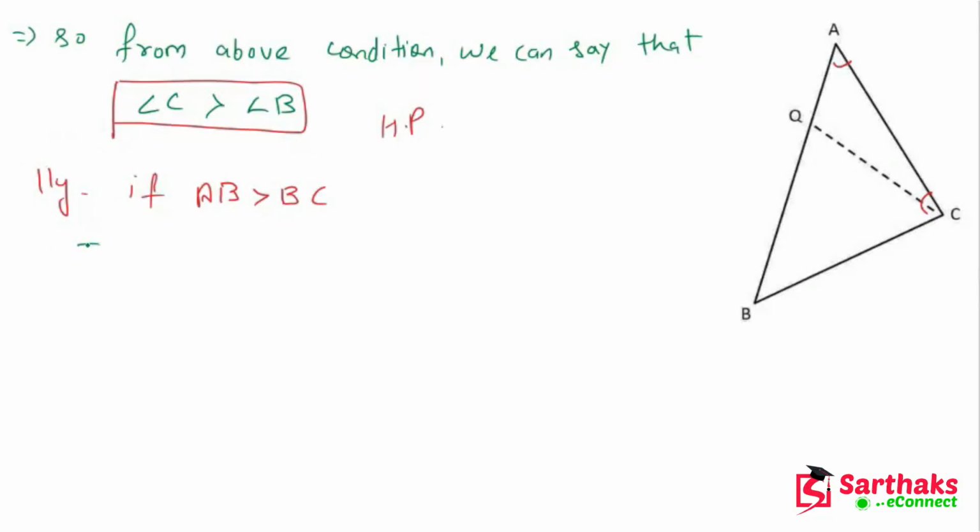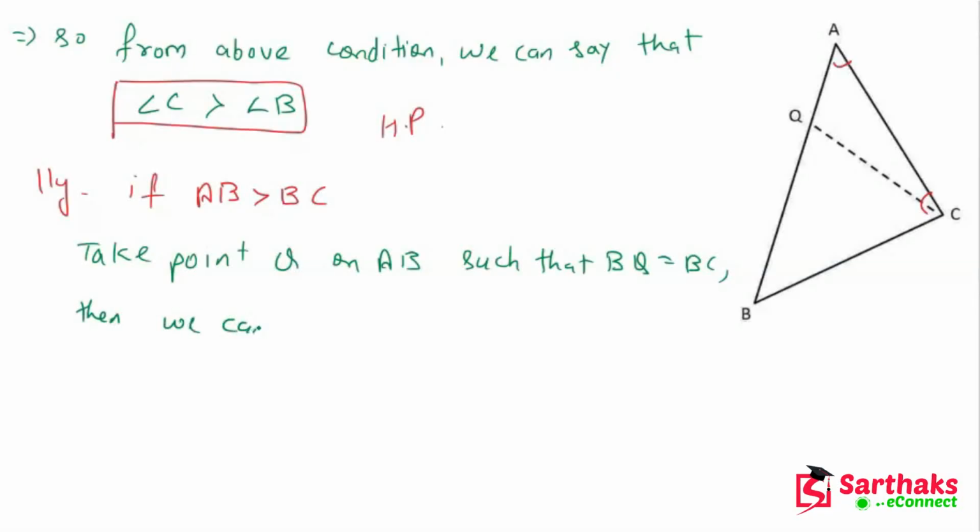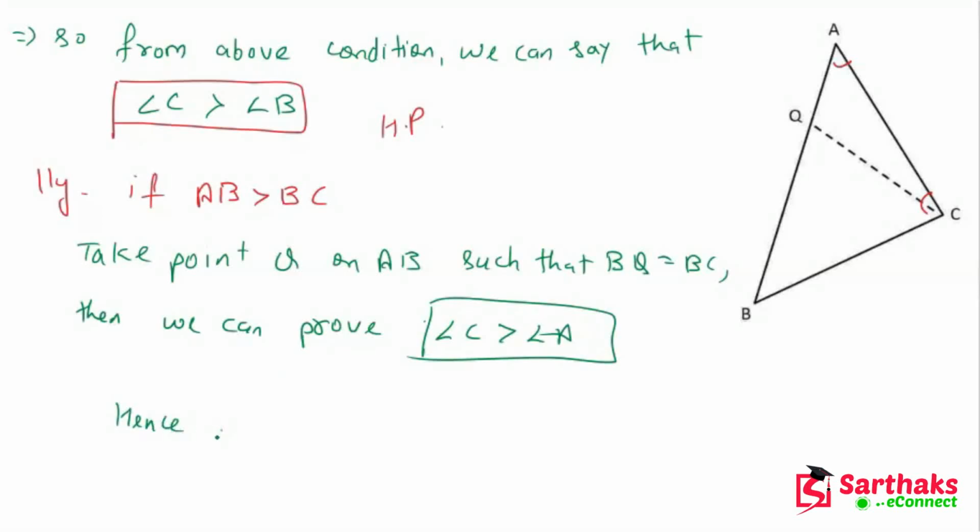Take point Q on AB such that BQ is equal to BC, and then we can prove angle C is greater than angle A. So we can write, hence proved.